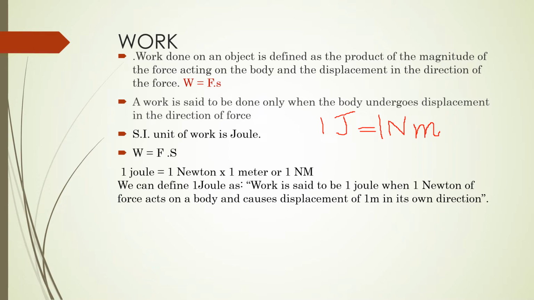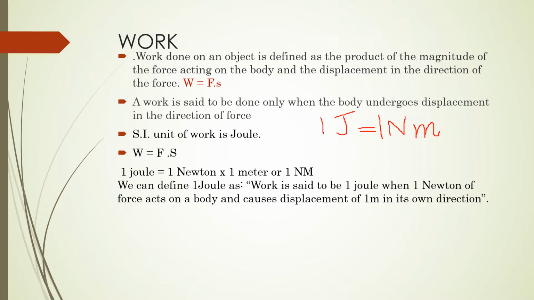Work is said to be 1 joule when 1 Newton of force acts on a body and causes a displacement of 1 meter in its own direction. We can tell that 1 joule of work is done when we are applying 1 Newton force and the body has displaced through a distance of 1 meter.